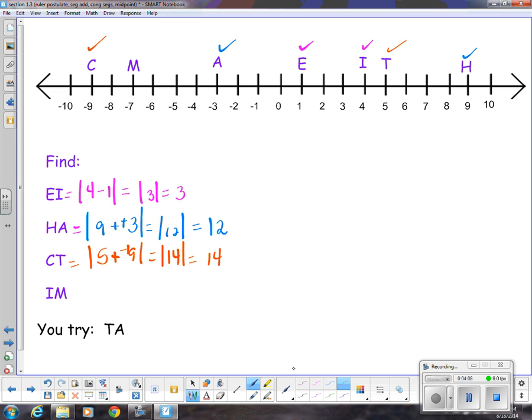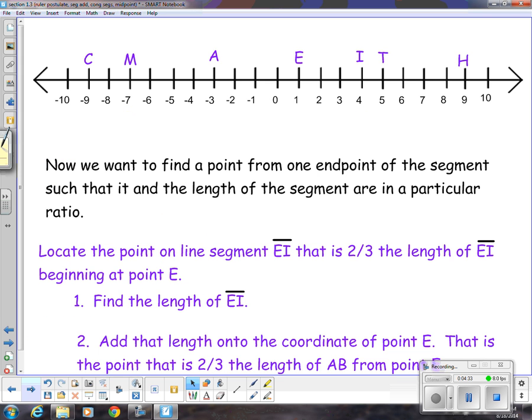Now I'm going to do from I over to M, so that is going to be 4 minus a -7, or 4 plus 7, which is 11. So now you get to try, I want the length or the distance from TA. Remember that you need to highlight and show me your work. So while you pause that, I'm going to continue.